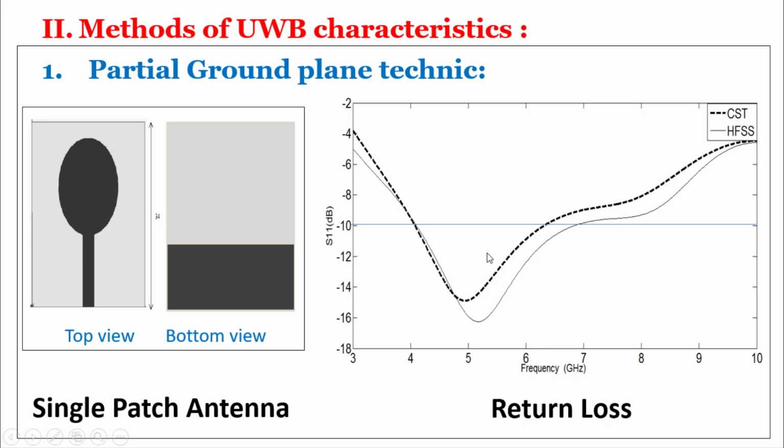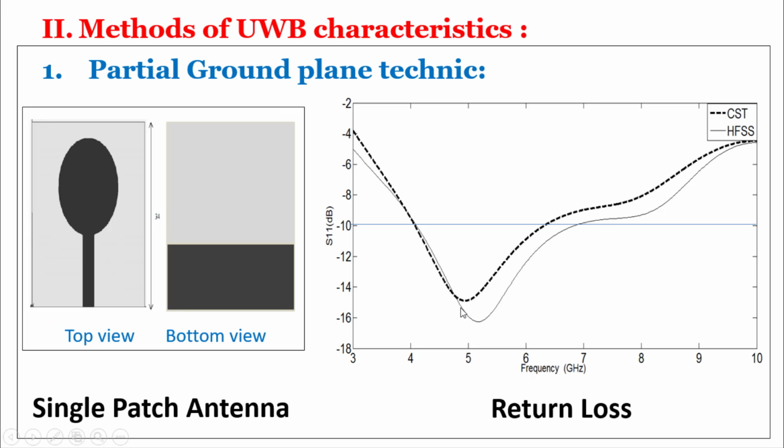So we have a bandwidth superior to 500 megahertz, and this bandwidth belongs to 3.1 to 10.6 gigahertz. So here we verified the condition of the FCC norms.